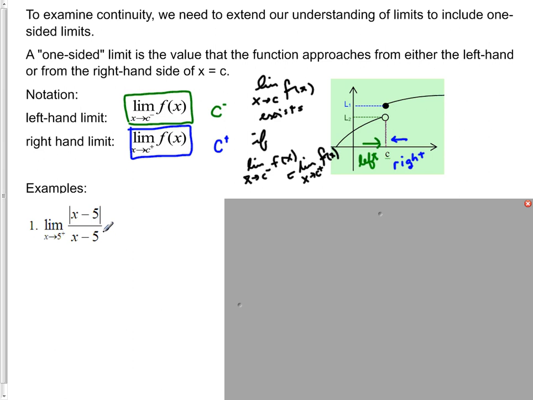Now, in this case, this is where you have to remember a little bit of the definition of absolute value. Remember, we said the absolute value of any quantity is either equal to itself if that quantity is greater than or equal to 0, or the opposite of that quantity if that quantity is less than 0.